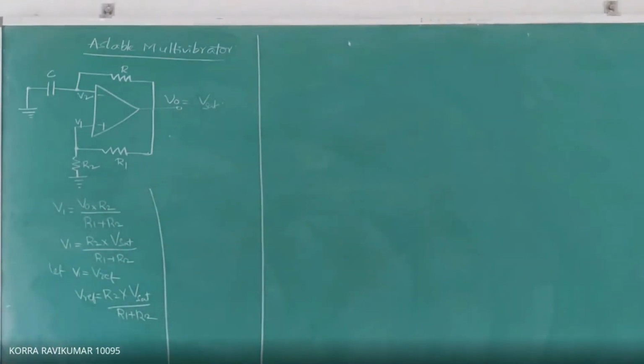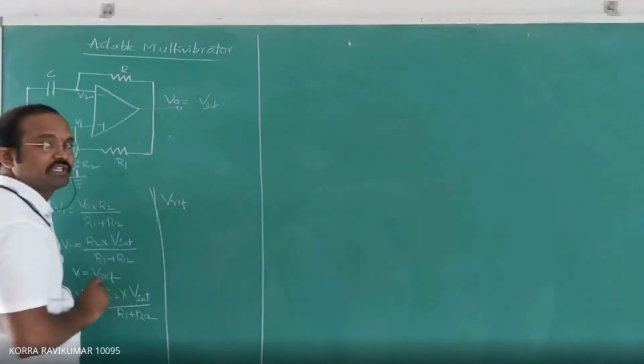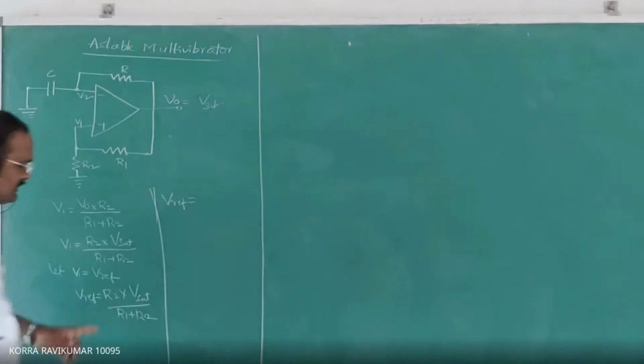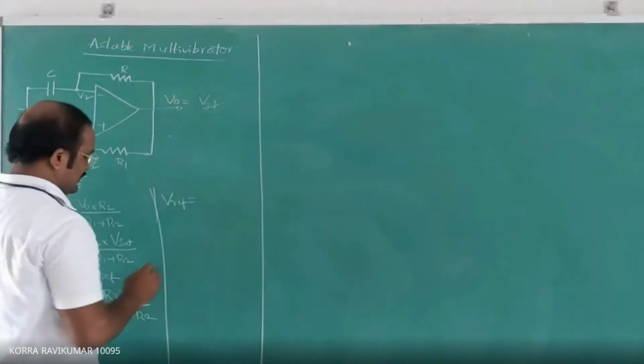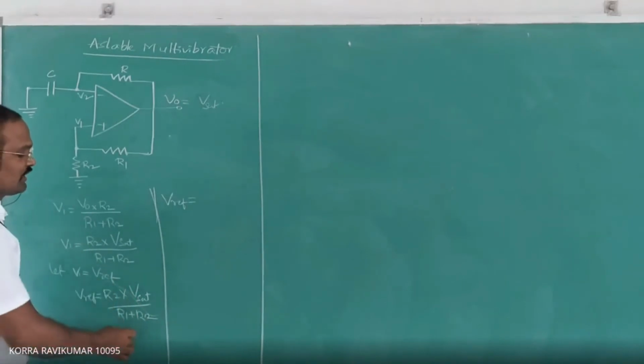I can also write it as V reference equals V saturation times R2 by R1 plus R2.